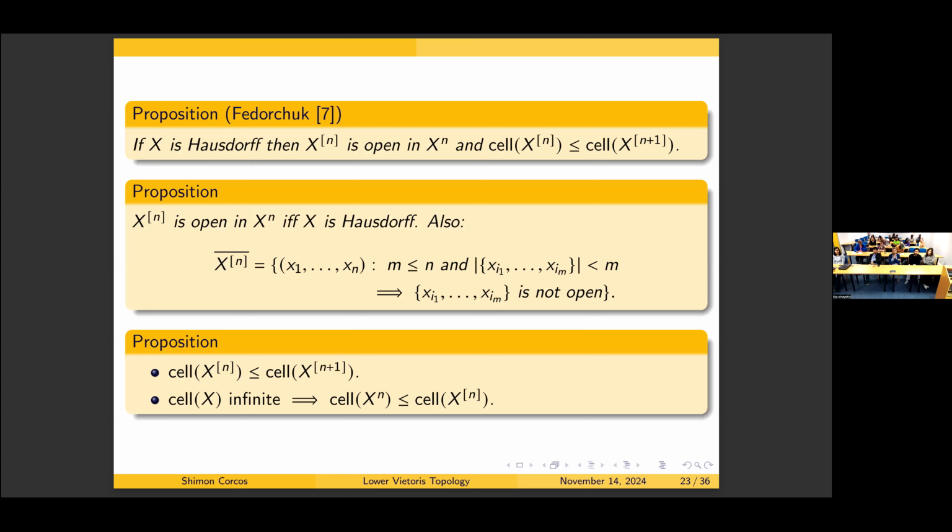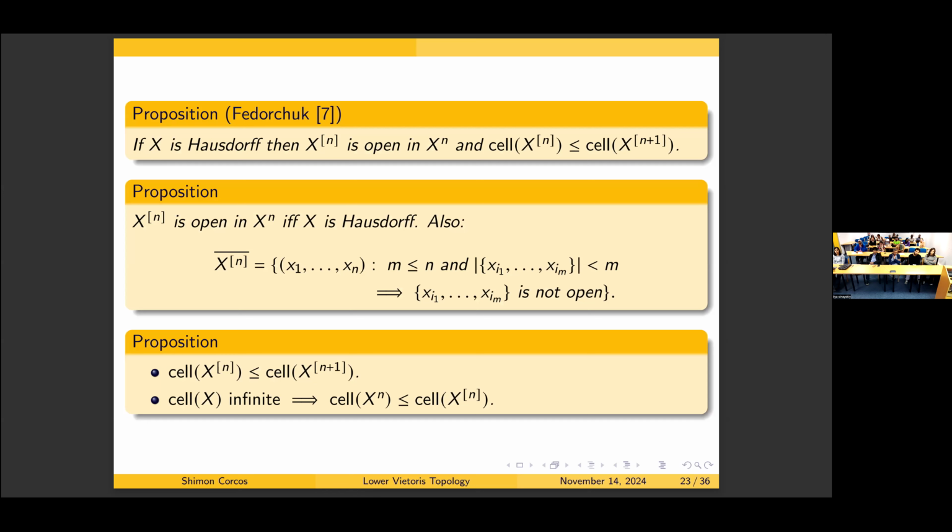Now, in general, this augmented nth power is not open in the nth power. In fact, it's only true when X is Hausdorff, so we couldn't use that result. And we couldn't use, remember I said that the cellularity of a space is the same as that of its closure. So we tried to see if we could get the closure of the augmented nth power to be the nth power, but that's not true in general.